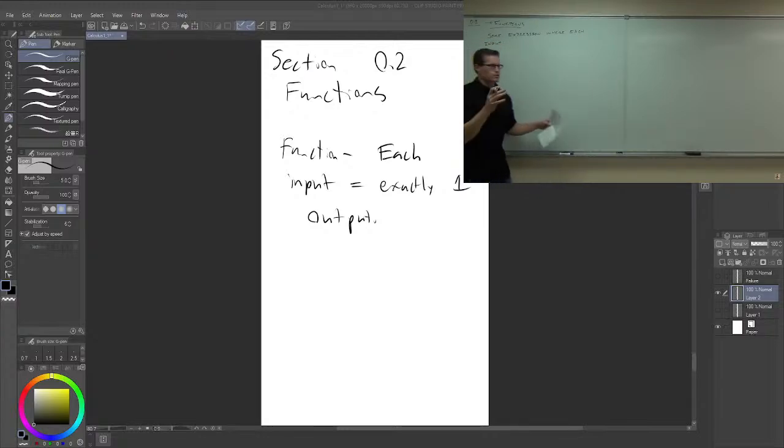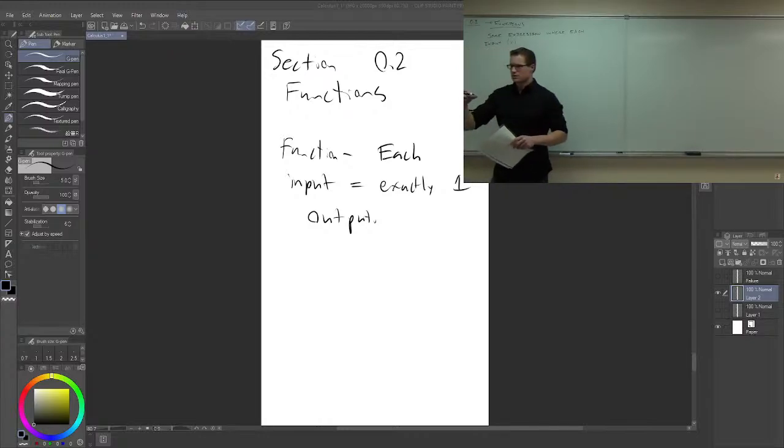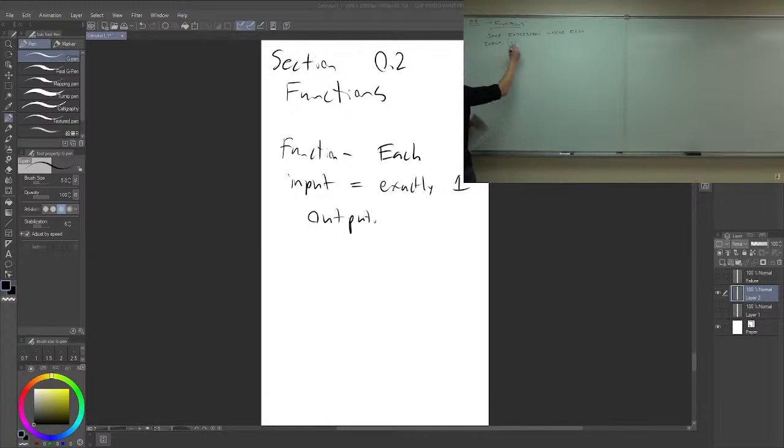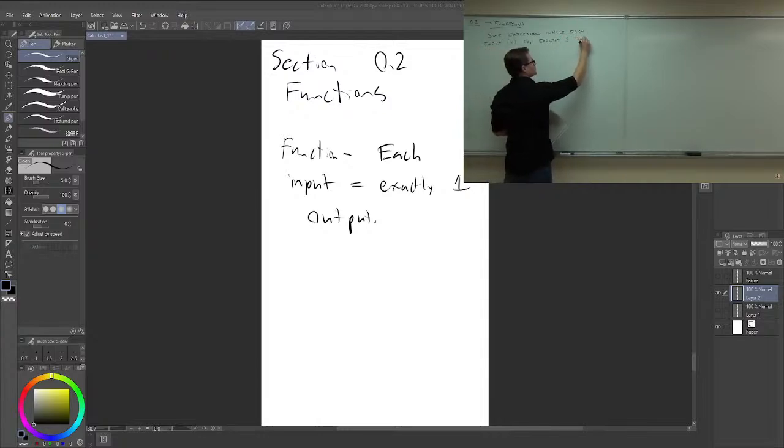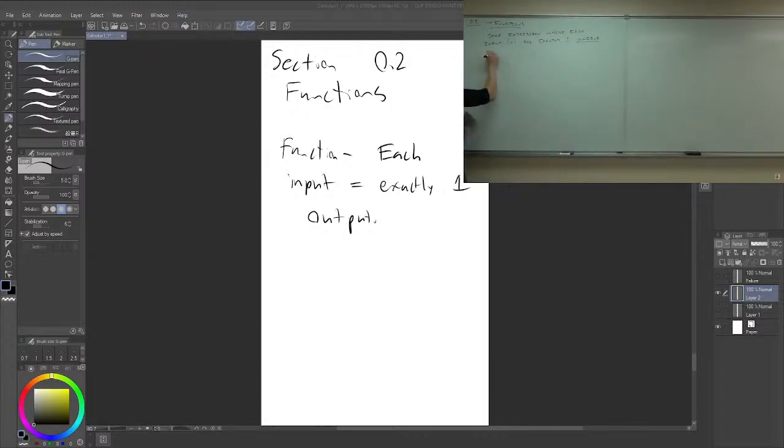Usually for inputs, we see x's. So some expression where each input x has exactly one unique output, meaning it doesn't happen again. And we typically call those outputs y's, or f of x.